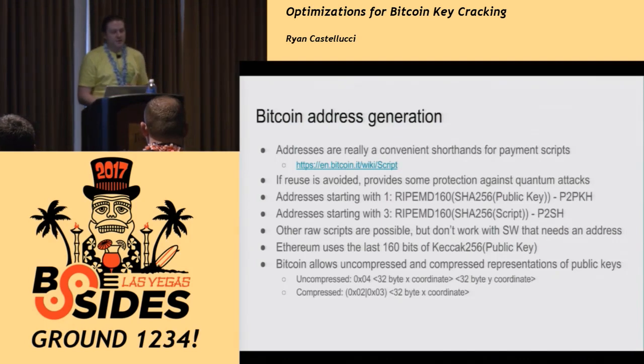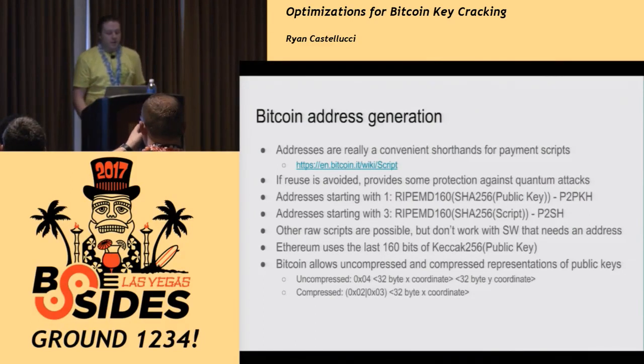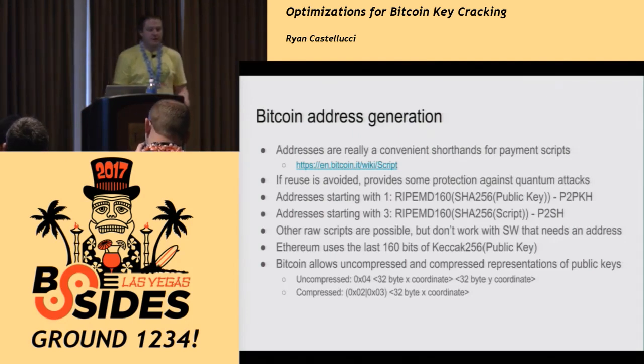This is interesting because if you pay to one of these addresses and the recipient never reuses it, even if quantum computers are around, the public key isn't revealed until it's spent. So unless the quantum computer can crack it in about an hour, it'll still be okay. There's also pay to script hash, where you are sending to a hash of a script.